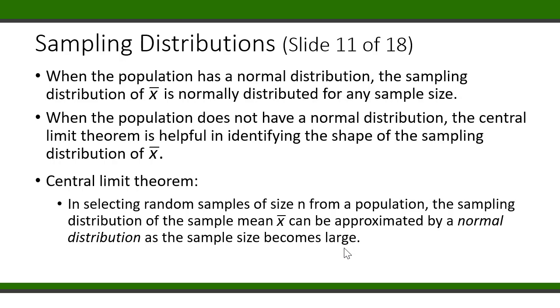So if you don't think your population has a normal distribution, but you take a large enough sample, it approximates a normal distribution. There are calculations out there that will tell you how large your sample size needs to be to approximate it, and then make generalizations about your population based on your sample.